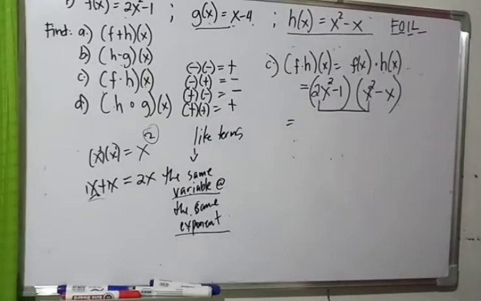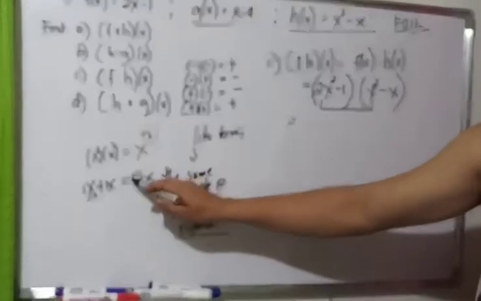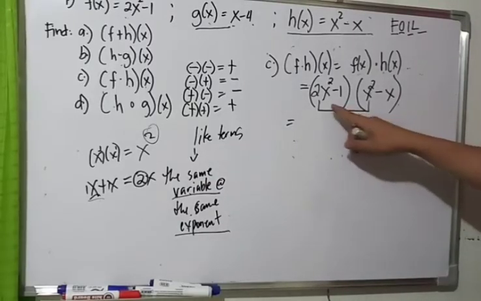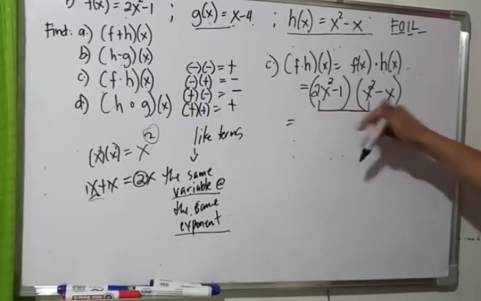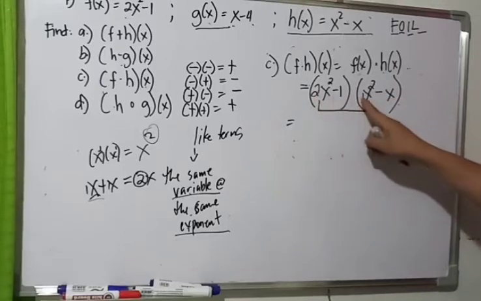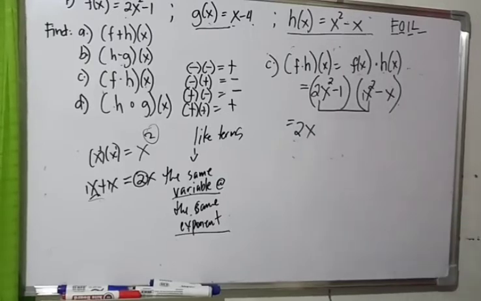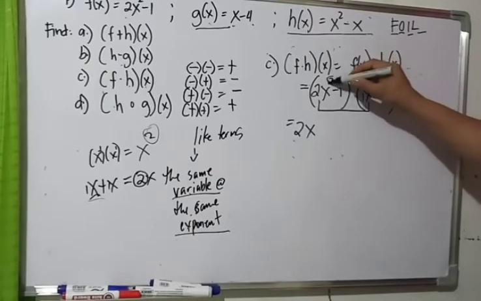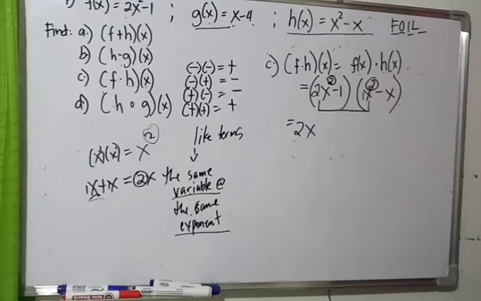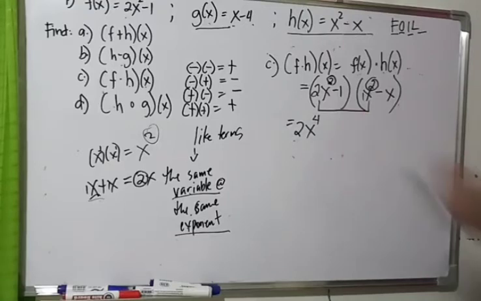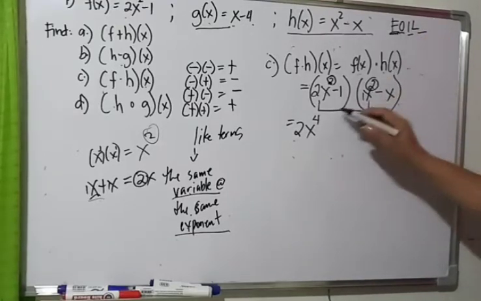Then pag addition, i-add lang natin yung numerical coefficient. Next dito, so may numerical coefficient dito na 1, so 2 times 1, that is 2. Then kopyahin natin yung variable, that is x. How about the exponent? Ang exponent natin is 2 and 2, so you need to add. So 2 plus 2, that is 4.